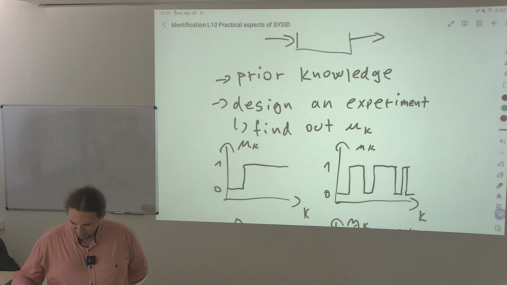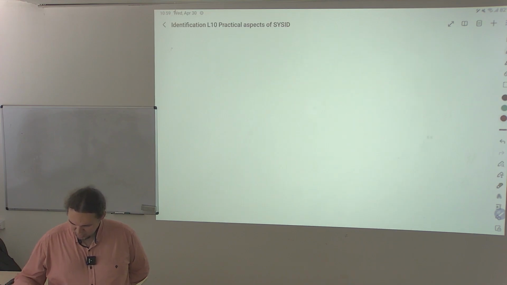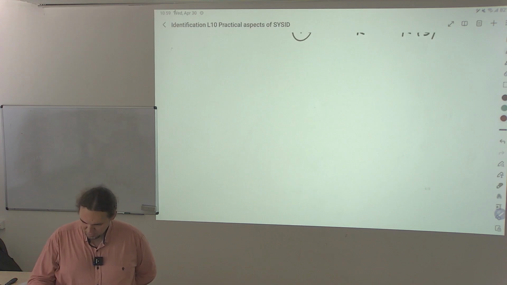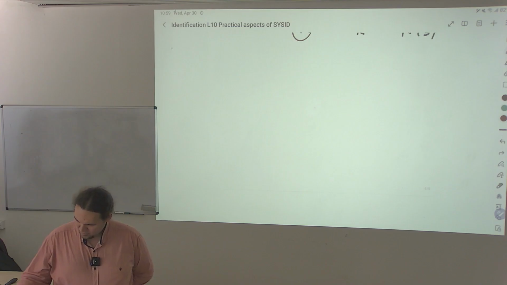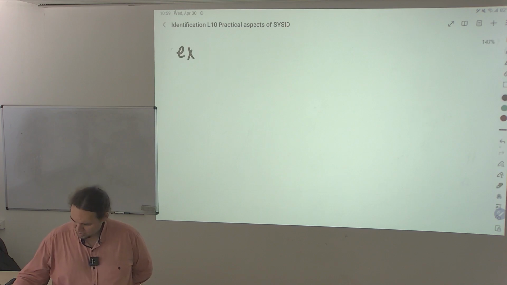We start with some data collection, prior knowledge. Just trying to see how to plot this. So we can design an experiment. Let's try it like this.